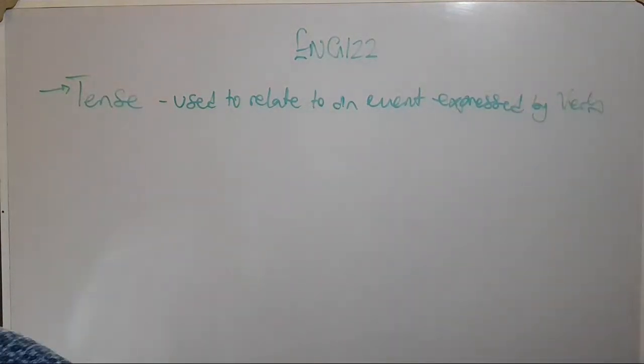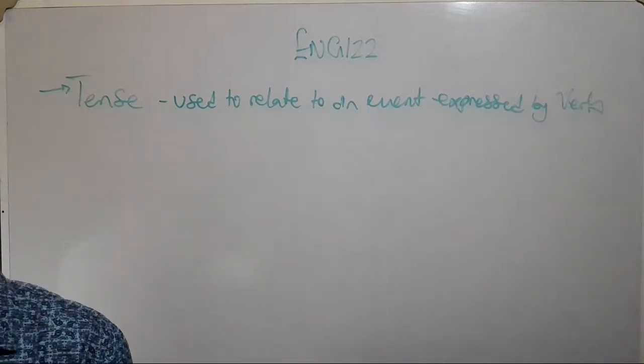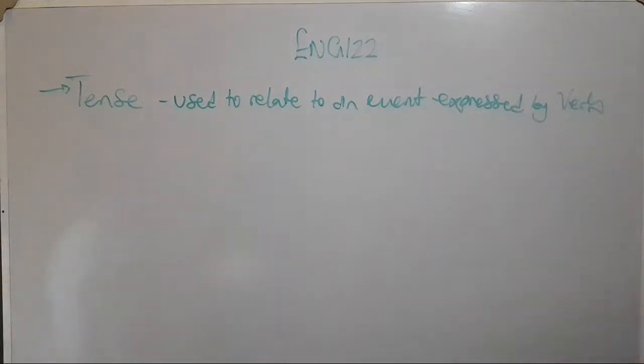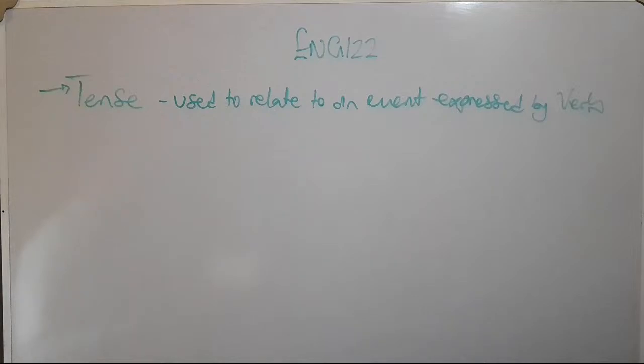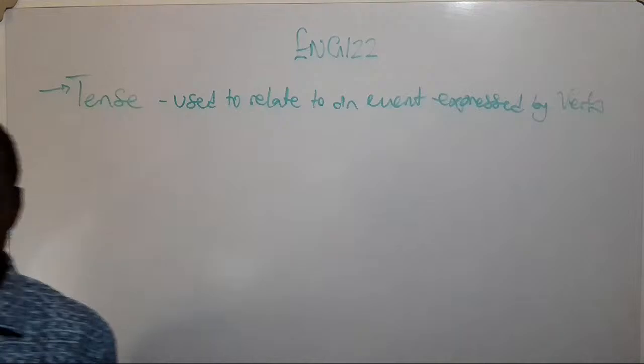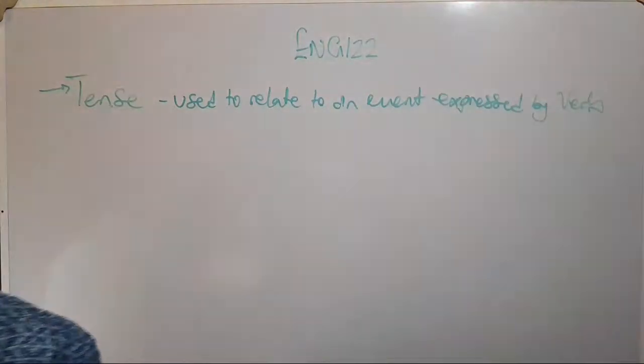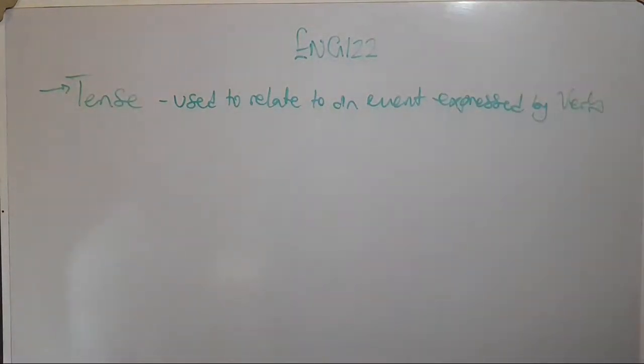It is used to relate to an event expressed by a verb. The verb could be particular about the time scale, in the present or past. Meaning that the happening of this event could be indicated, be it in the past or in the present. Are we on the same page?